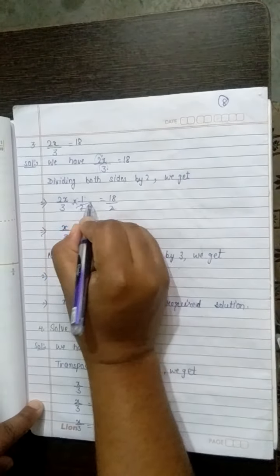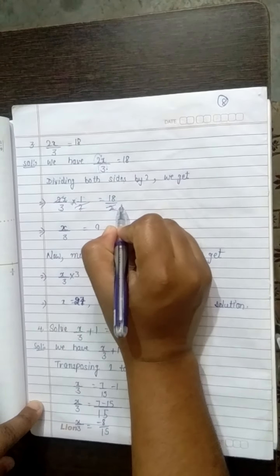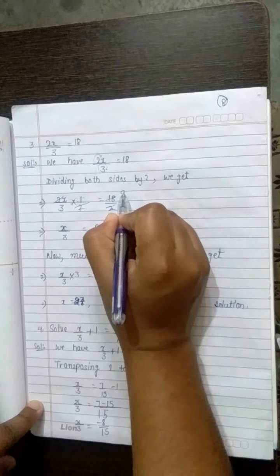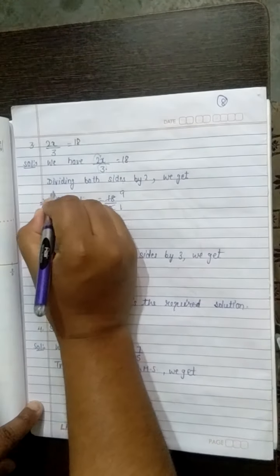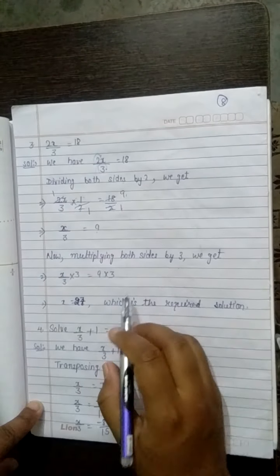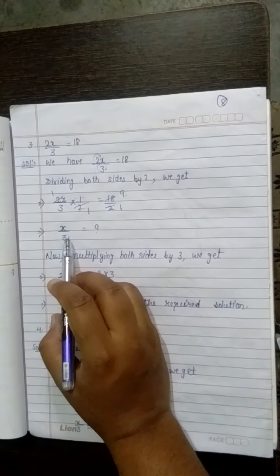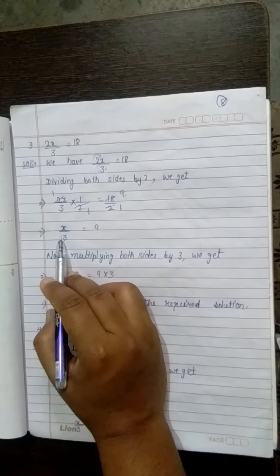18 upon 2. 2 cancels with 2. 2 cancels with 18. 2 1s are 2. 2 9s are 18. x into 1 is equal to x. 3 into 1 is equal to 3. 9 upon 1, that is 9. Now we want to remove this 3 from the left side. So how can we remove this?